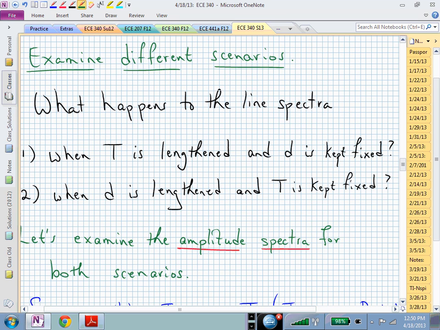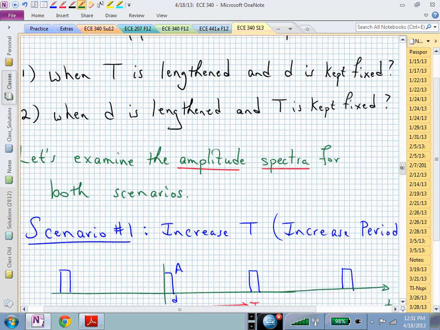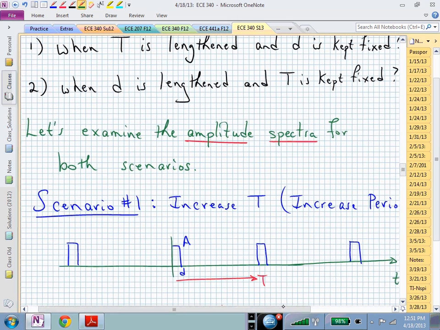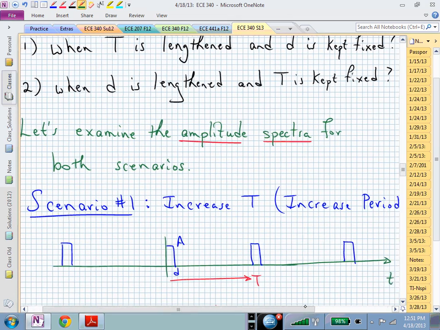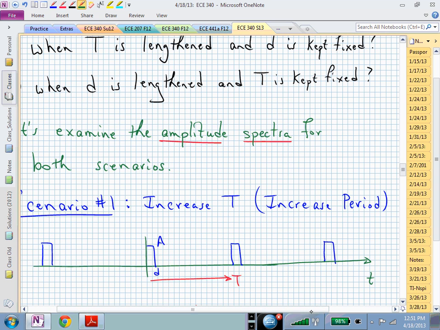The second scenario, we want to lengthen the pulse width but keep T at 1 second, and see what happens. What we want to do then is examine the amplitude spectra in both cases. Scenario 1 is as follows.